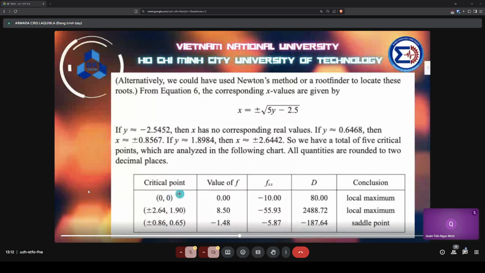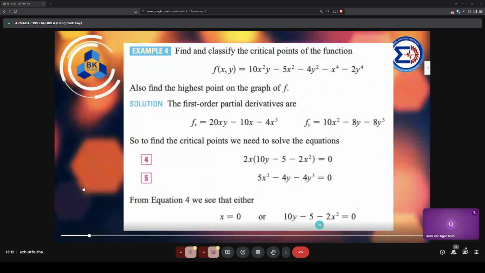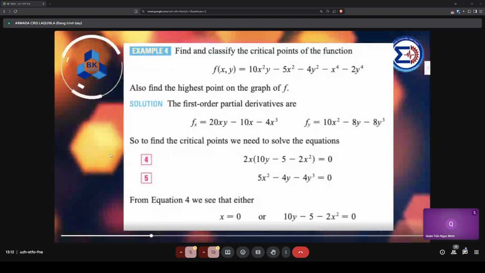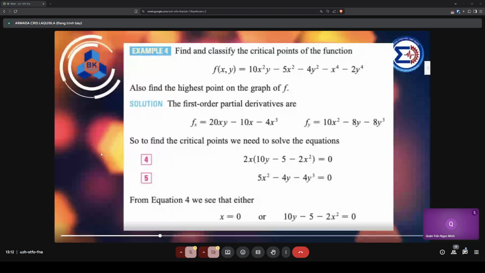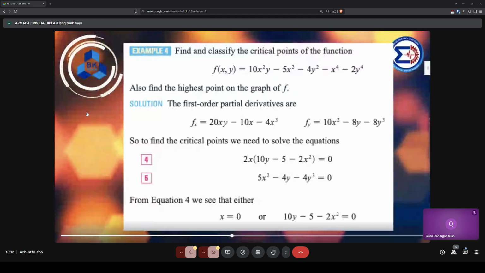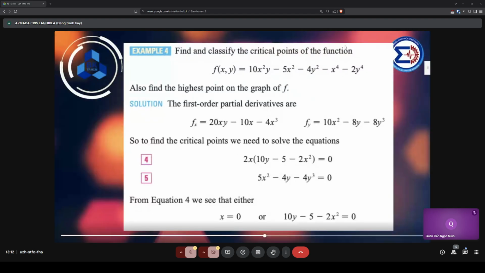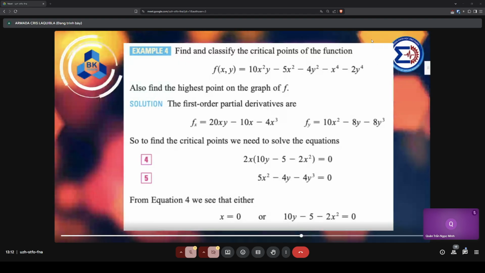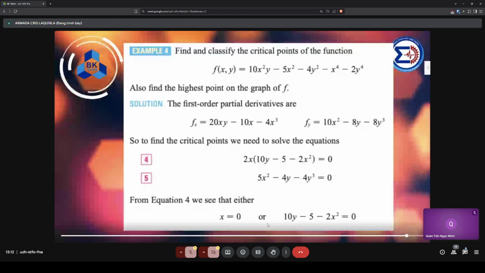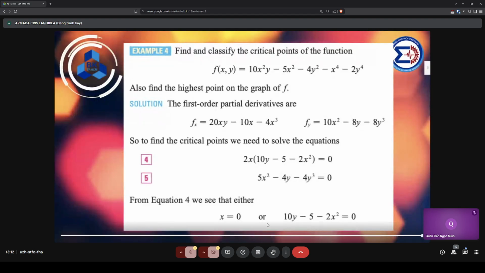Now, if, oh wait class, maybe I skipped something. I think there is something missing. Please wait. One slide, class, is missing.